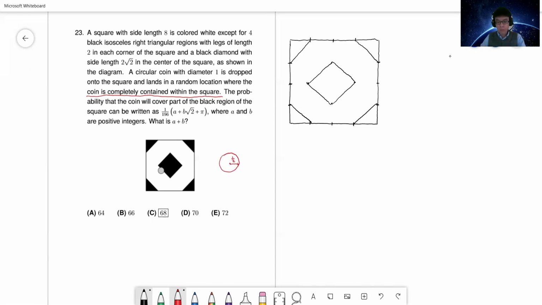So the distance from the boundary of the square to the center of the coin is at least 1/2. So we will draw a smaller square. This is the region that the center of the coin could lie. Okay, the red region.